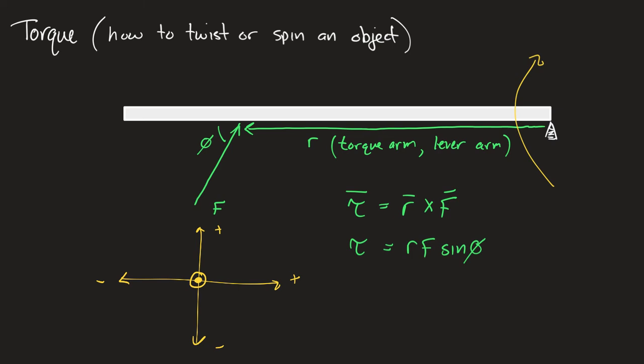So their method is to say, if R is this way, then it's negative. If F is this way, then it's positive. R times F is negative, so my torque has to be negative. Right? Because the R pointed in the negative direction and the F pointed in the positive direction.